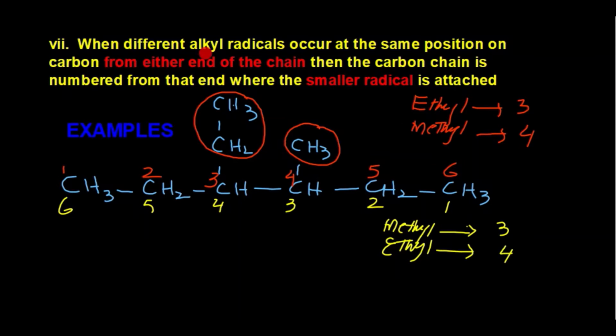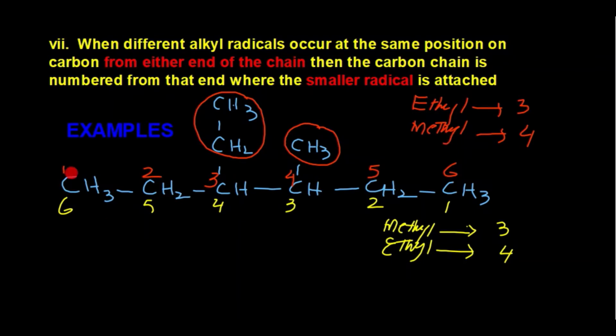Now, students, what is the rule? If different alkyl radicals occur at the same position on carbon from either end of the chain, then the carbon chain is numbered from that end where the smaller radical is attached. Here you can notice, which is the smaller radical? Obviously, the radical made up of a single carbon atom, the methyl radical, is smaller.